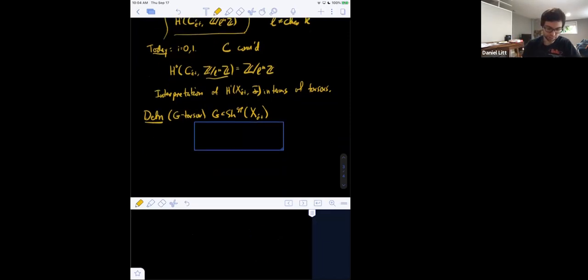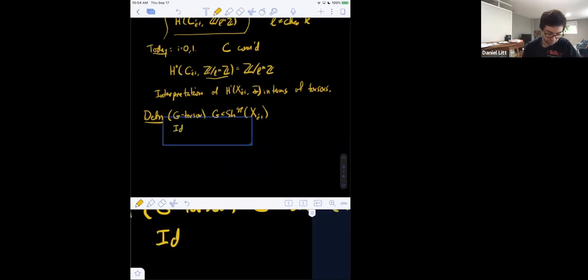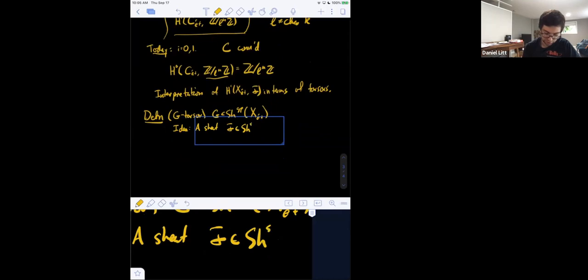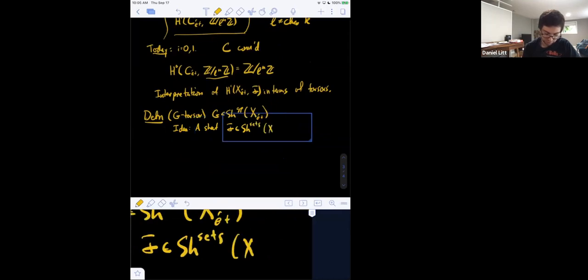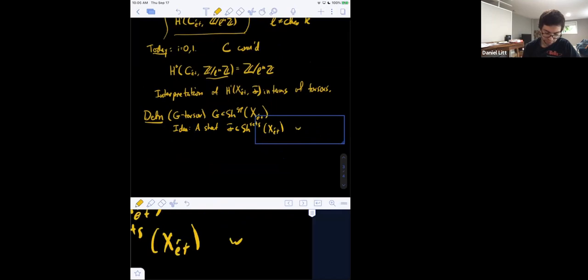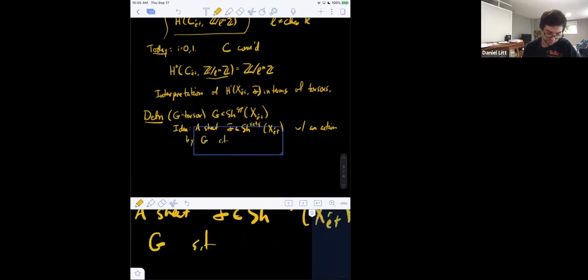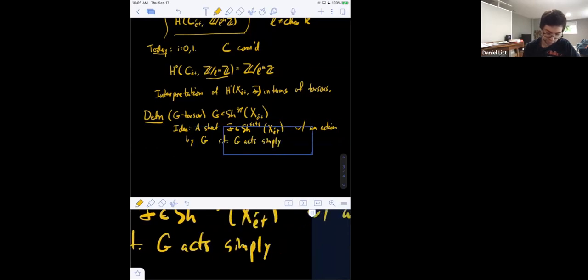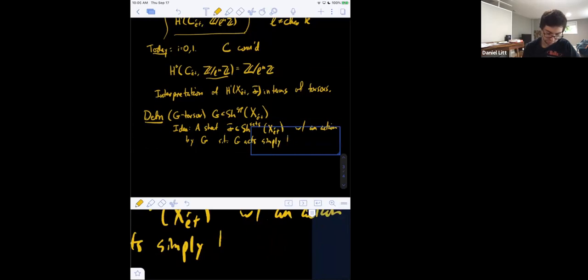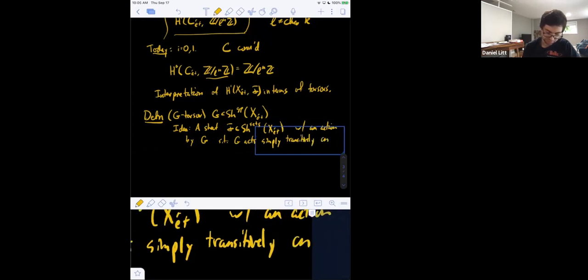So the idea here will be a sheaf F of sets on X étale, with an action by G, such that G acts simply transitively on every fiber.